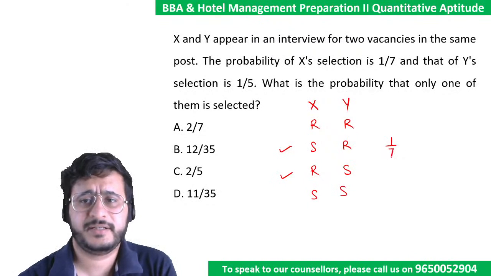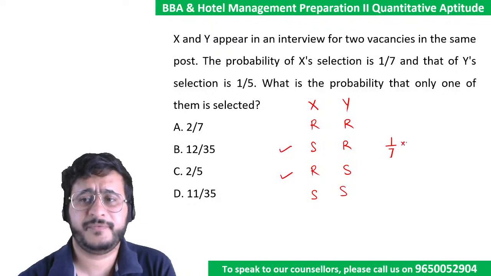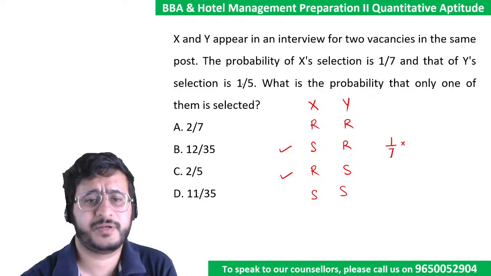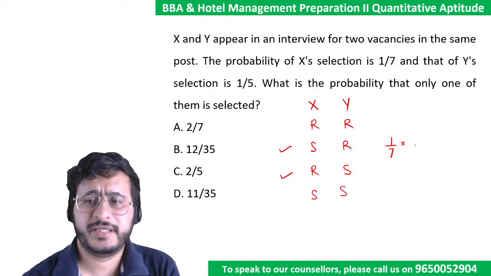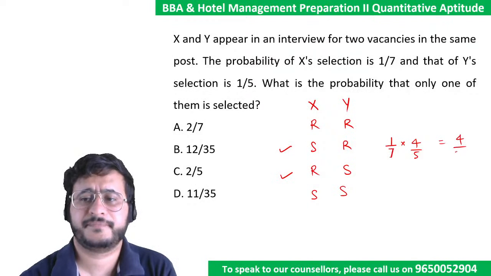X can be selected in 1 by 7 ways. And Y can be rejected in how many ways? Y's selection is 1 by 5. Okay, so he can be rejected in 4 by 5 ways. Okay, so the probability of this event is 1 by 7 into 4 by 5, that is 4 by 35.